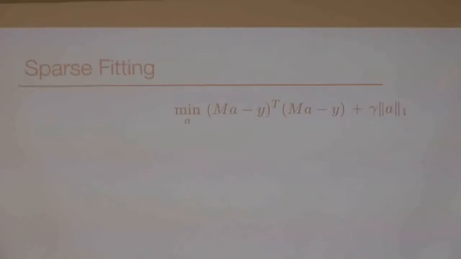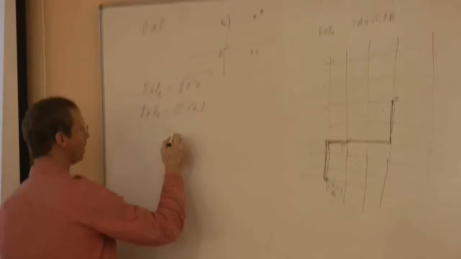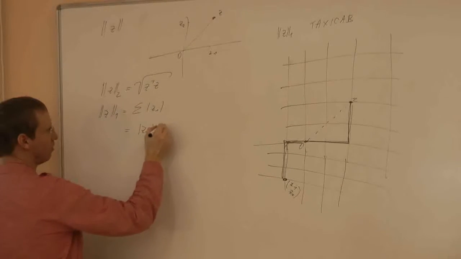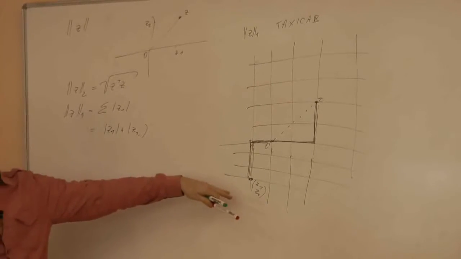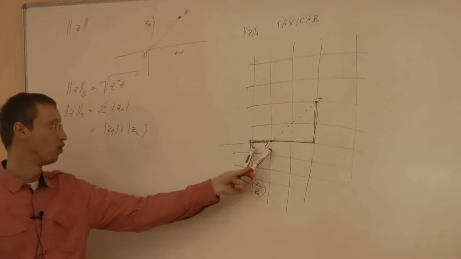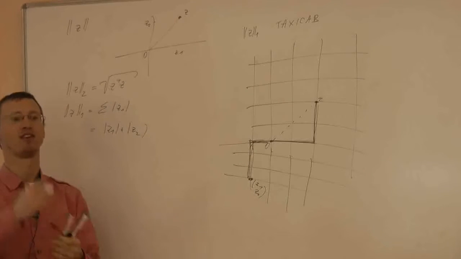So the one norm is just the sum of absolute values. In case of a two-dimensional vector, it would be just the absolute value of z1 plus the absolute value of z2. Clearly, we have to consider the absolute value because distance is always non-negative. And even though we are moving in the negative direction, we are still traveling.